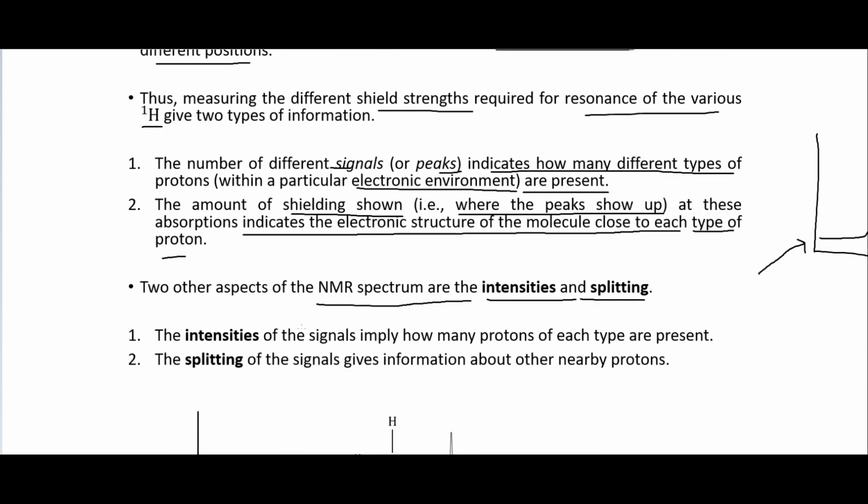The intensities of the signals, or the area under the curve on these signals, imply how many protons of each type are present. And the splitting of these signals gives information about other nearby protons.